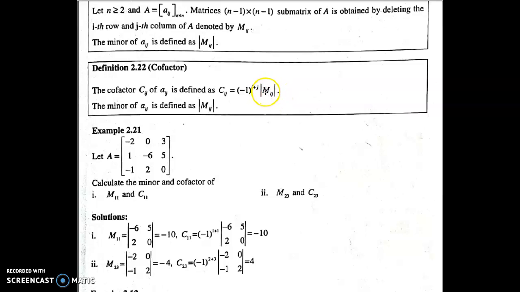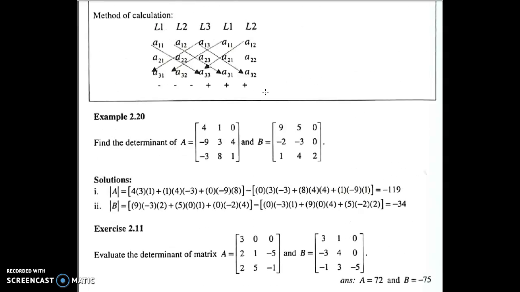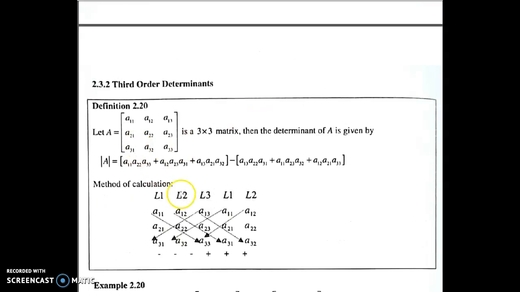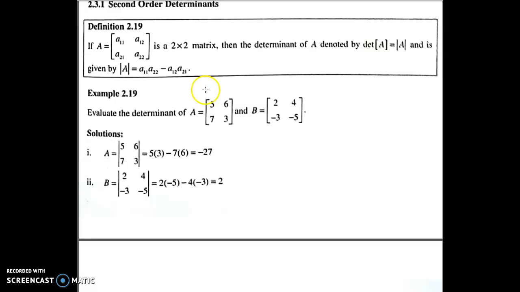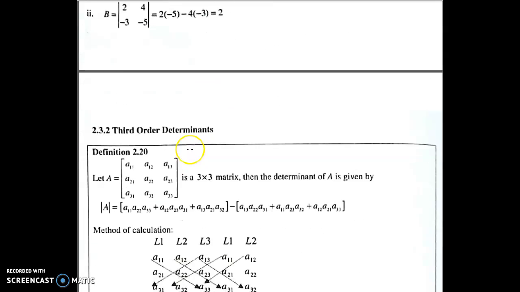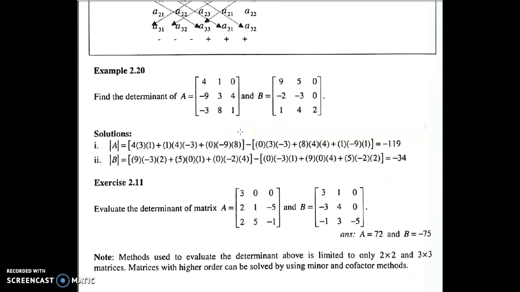The way to calculate the minor is by doing this: you cross multiply and subtract, remember? That is how to find the minor by finding the determinant.